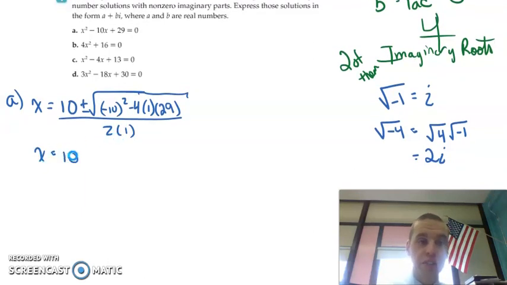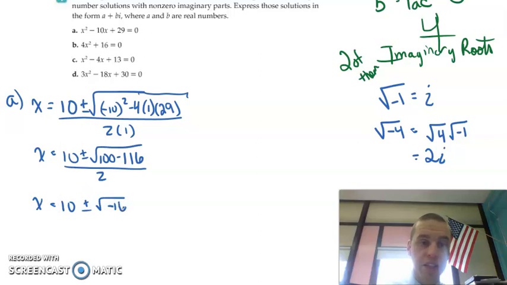You get x equals 10 plus or minus the square root of 100 minus 116, all divided by 2. We continue. 10 plus or minus the square root of -16, all divided by 2.